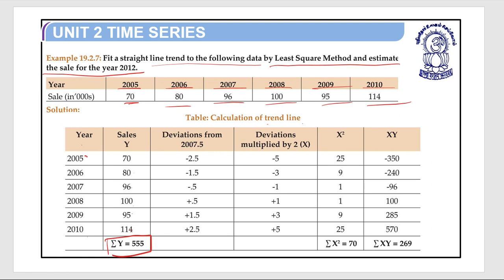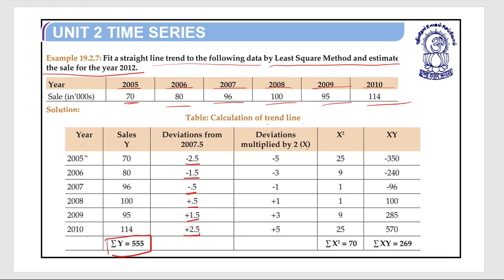Deviation from 2007.5: minus 2.5, minus 1.5, minus 0.5, and in the same way plus 0.5, 1.5 and 2.5.